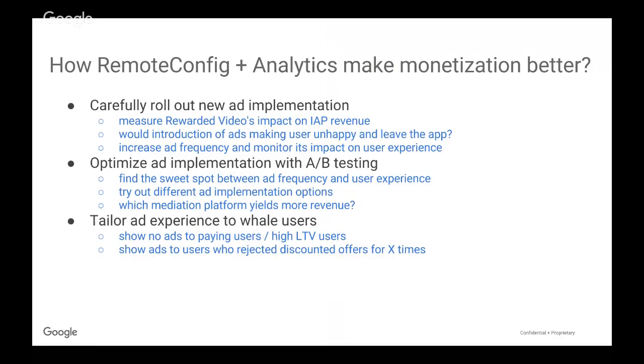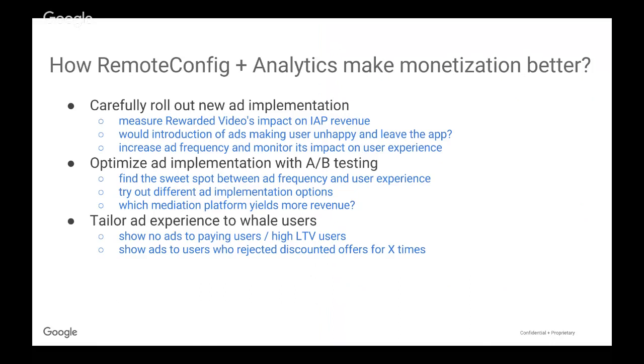Yeah, so there is a wide range of use cases where you can use Firebase as a totally free tool. One, as I mentioned, using interstitial as an example, you want to carefully roll out a new ad implementation. You want to measure what video's impact is on your IAP revenue. If you want to introduce a new ad placement, would the user be unhappy? Is it a good or bad idea? You want to test that out.